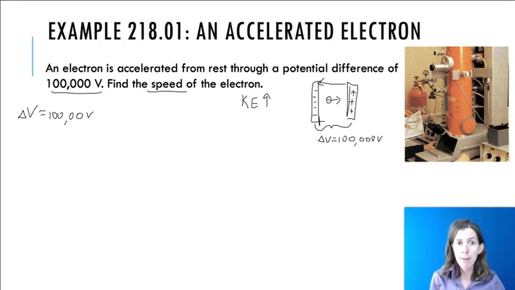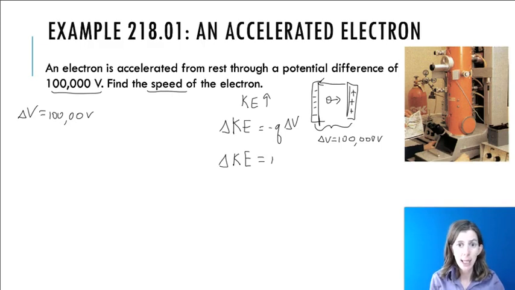The equation that we have for the change in kinetic energy, and I know I said we were going to write the givens first, but sometimes you do both at the same time, is that the change in kinetic energy is negative q delta V. That being said, we also learned in this video that when an electron is accelerated through 1 volt, it gains 1 eV. Well, how many eVs do you think it gains if it's accelerated through 100,000 volts rather than 1 volt?